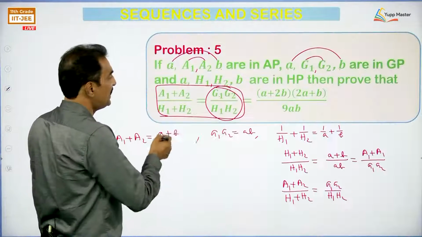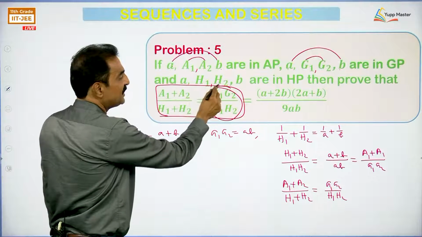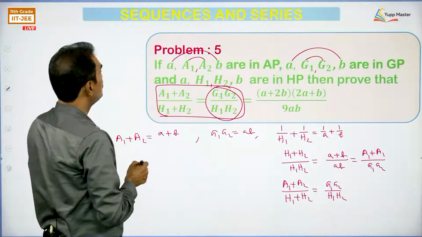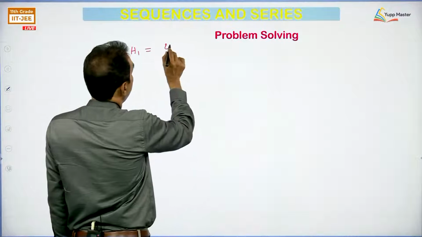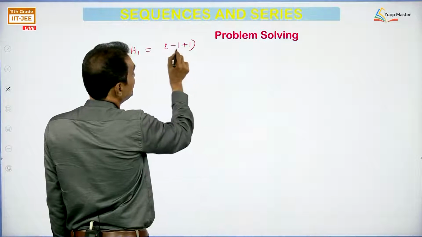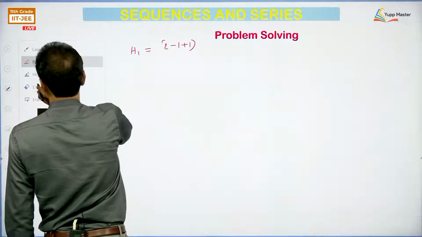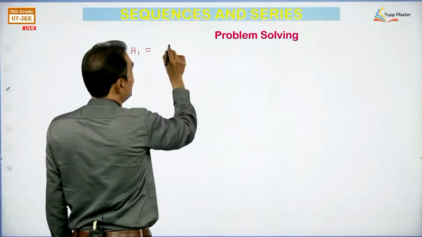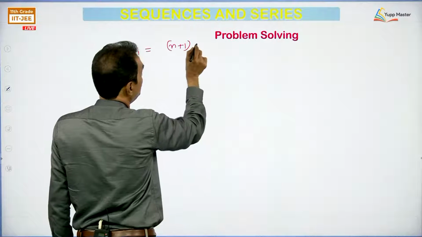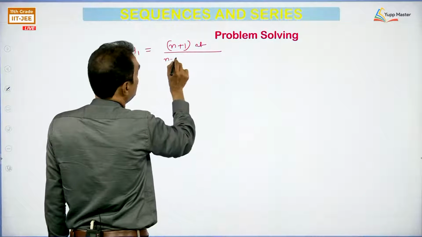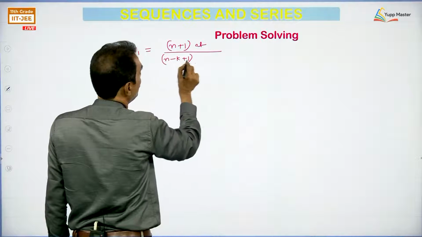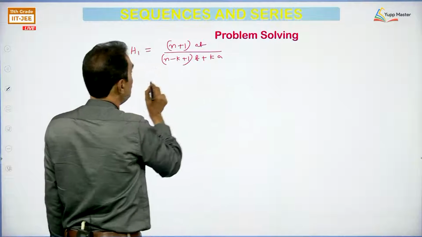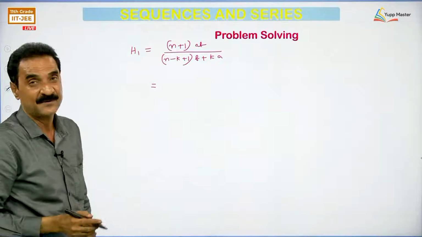If we apply the formula, the number of harmonic means n is 2, and k is 1. What is the formula? (n plus 1) into AB by (n minus k plus 1) into (B plus kA). This is our formula for the kth harmonic mean from left.